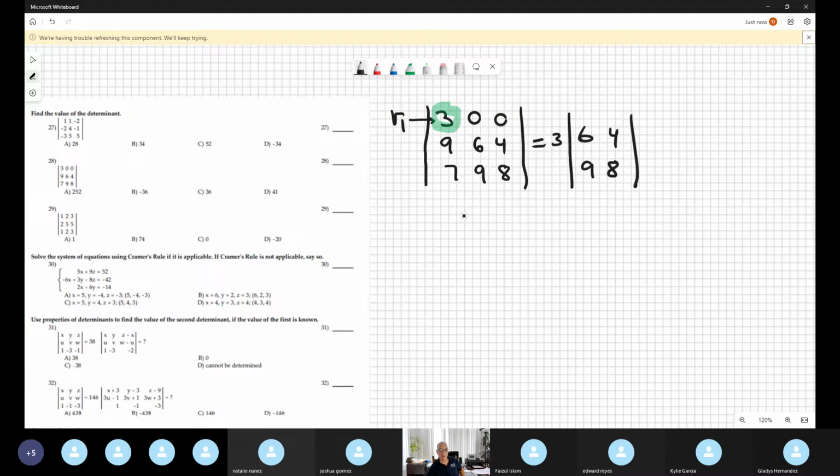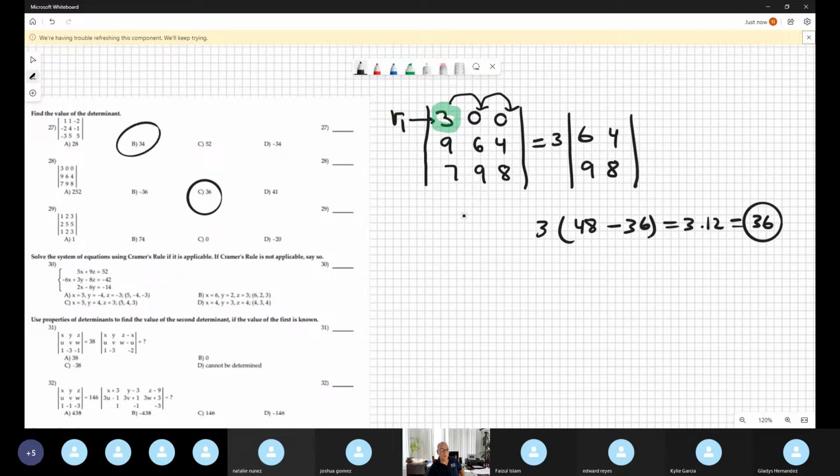And the rest, you don't need to continue because 0 is 0. Now already it's 3 times multiplication 48 minus multiplication 36 is 12. And 3 times 12 is 36. Boom.